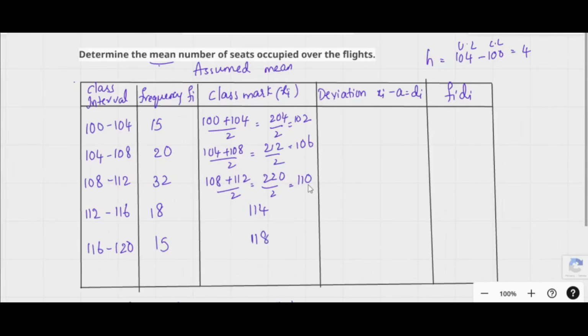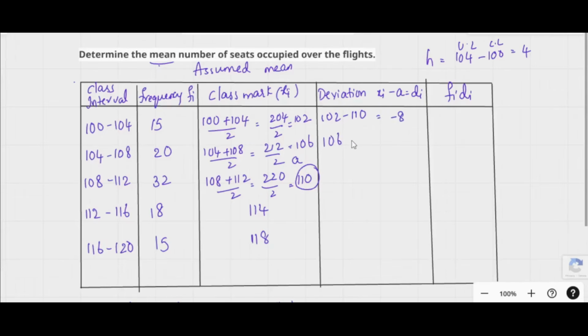So now what is the A? The assumed mean A will be the middle term. This is our A. Let us find the deviation di. di means xi minus A. So we have to subtract xi minus A. So 102 minus 110, the answer is minus 8.